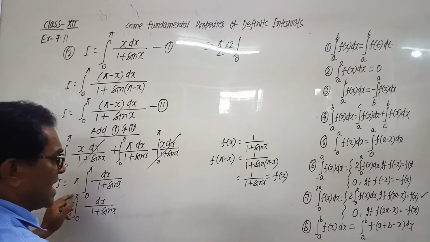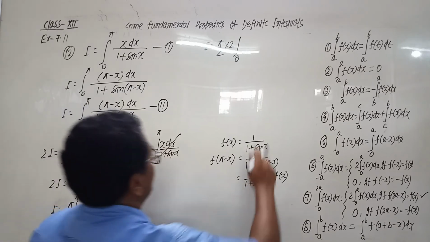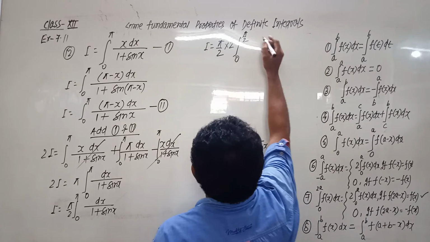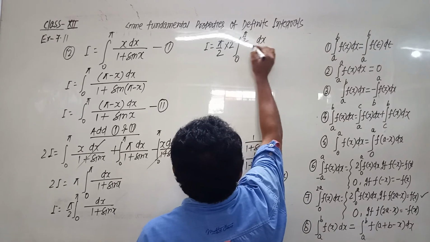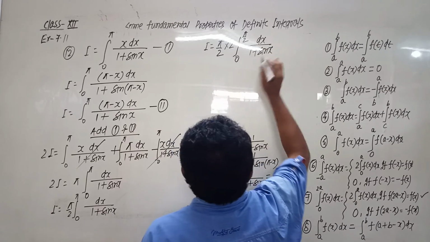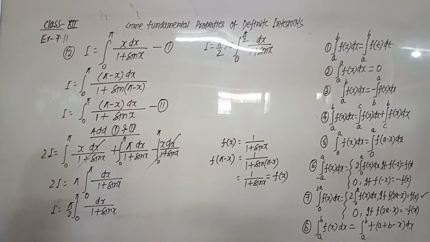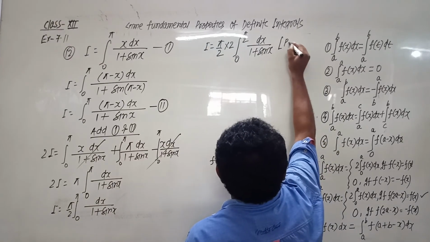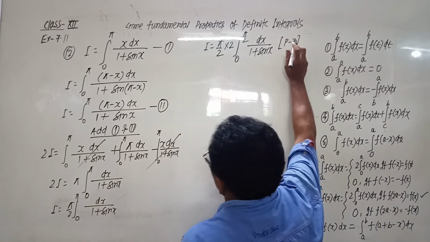So pi divided by 2, we get pi by 2. So 0 to pi by 2 and dx upon 1 plus sin x. So we have used here the property number 7, P7.